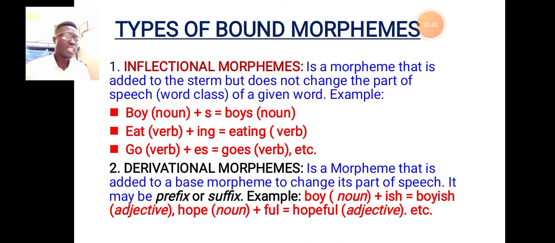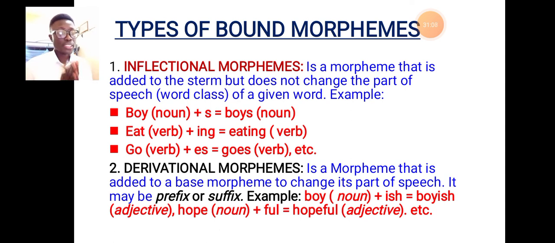Now, with class maintaining derivational morphemes, they do not change the word class. So that one, we can definitely see it. For example, let me say boy, and then I add a suffix like hood.